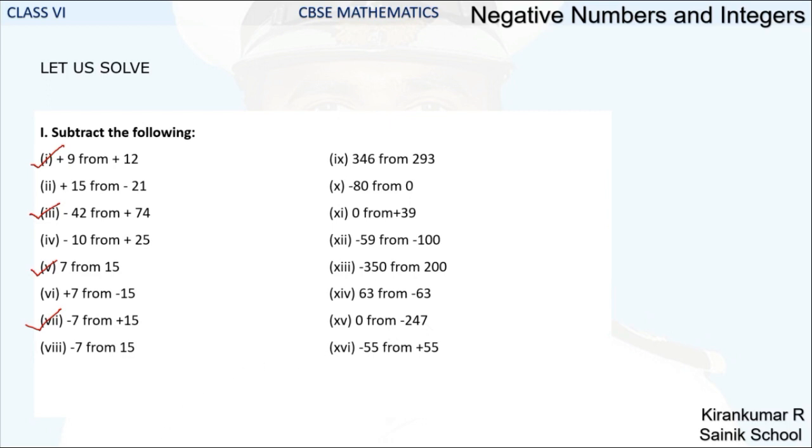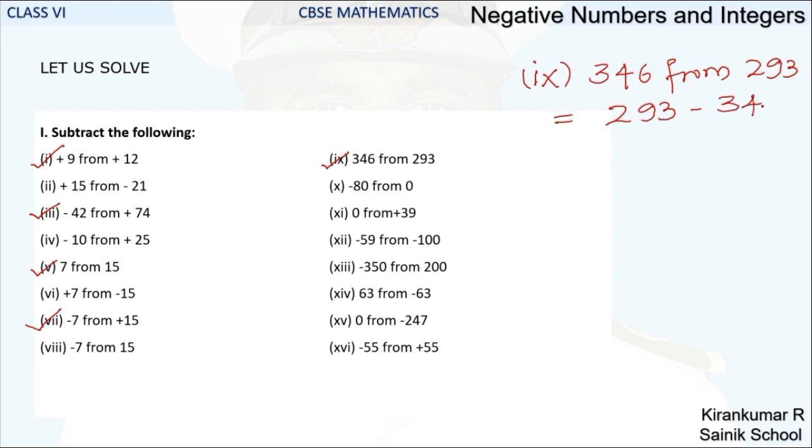Let me solve question 9. In the 9th question, we have got a very large number, 346, to be subtracted from 293. So the from number has to be written first, minus 346. This is the same as adding minus 346 to 293.